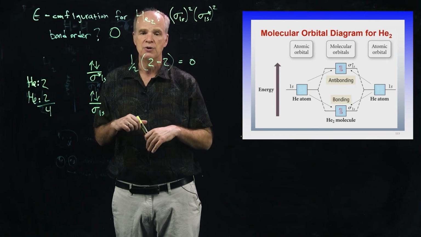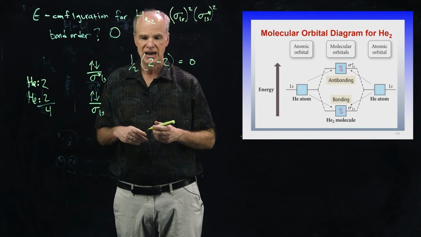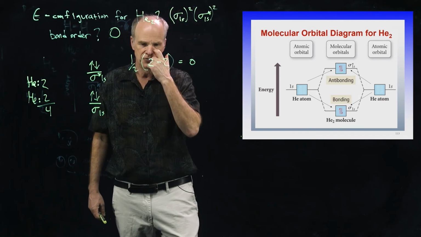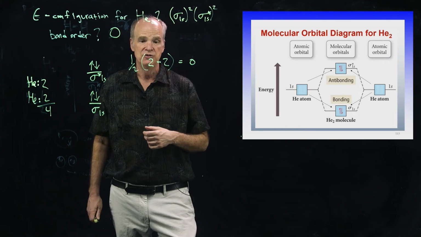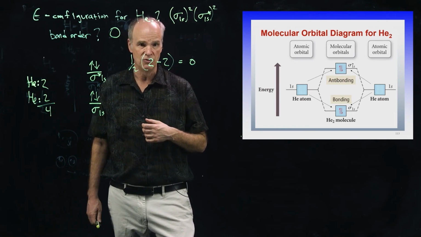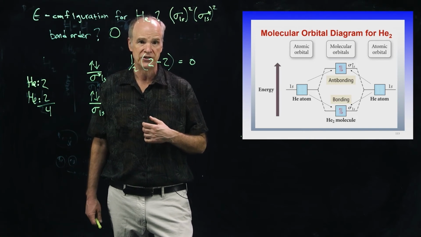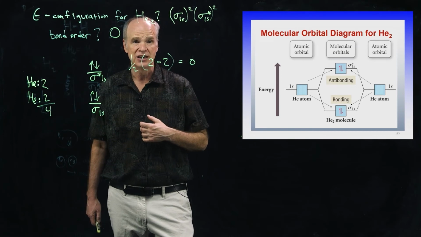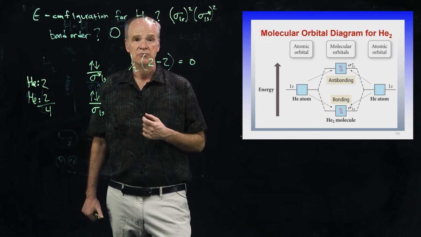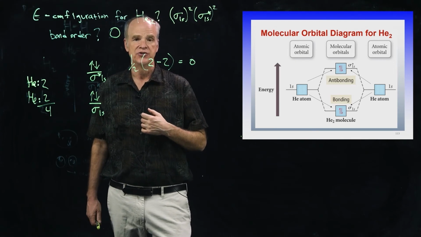Now there's another way of looking at it, which you need to know, looking at the slide there. Here, when you form the He2 molecule, 2 electrons are in the bonding orbital, which has a lower energy than the atomic orbitals that it's derived from, and 2 electrons go into the antibonding orbital, which is going to have a higher energy than the atomic orbitals that it's derived from.